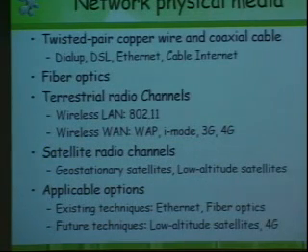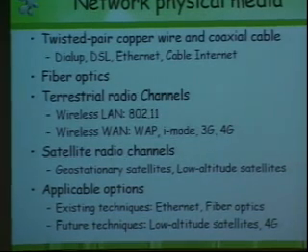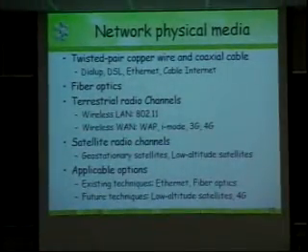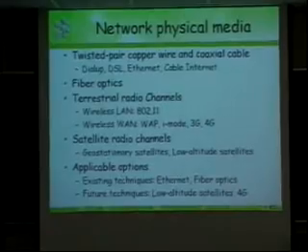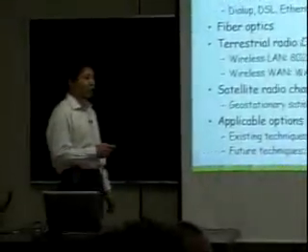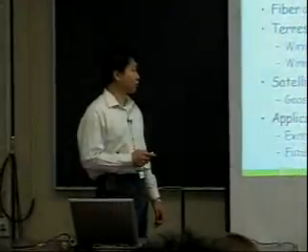The network physical media is the most important component of computer networks. We have twisted pair copper cables. They provide mostly local access, and access from the end user to the internet service provider. Fiber optics is mostly found in the backbone of the internet service provider.